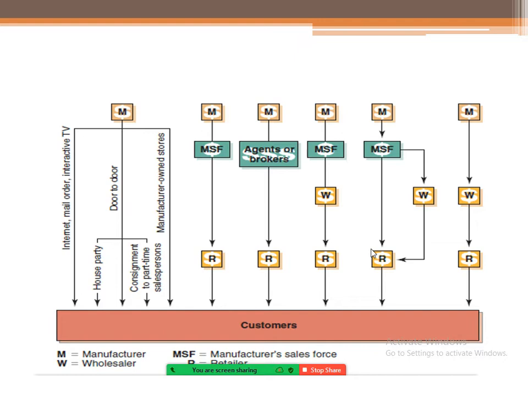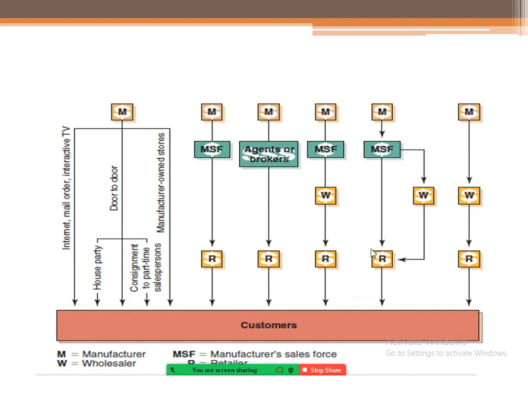The internet and related forms of new media are dramatically altering the distribution channel landscape. We have a number of website players, website shopping, etc. eBay pioneered the peer-to-peer marketing, that is the P2P model, whereby individual customers market products to other individuals.